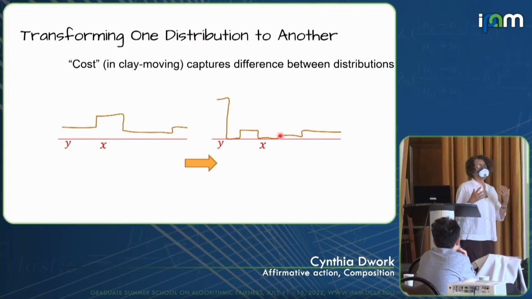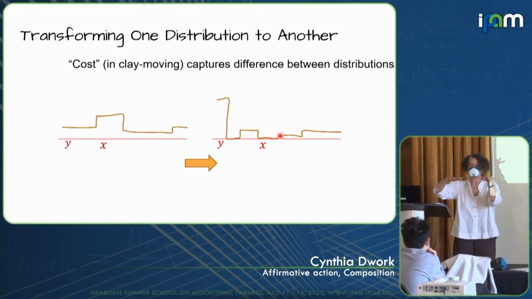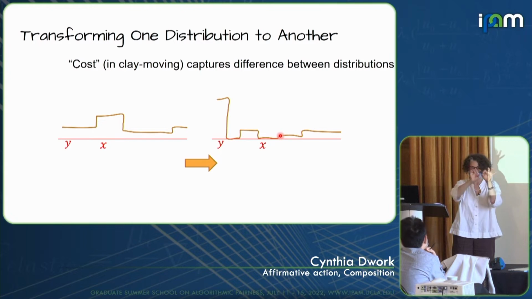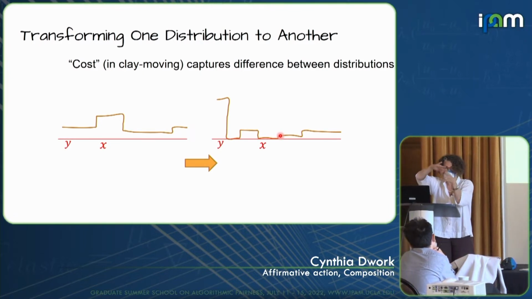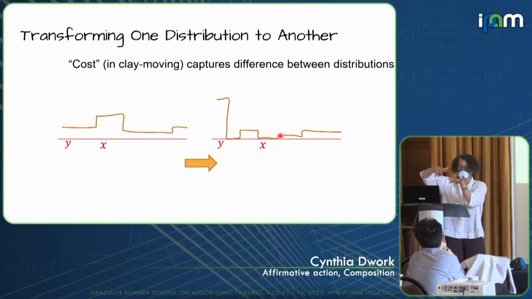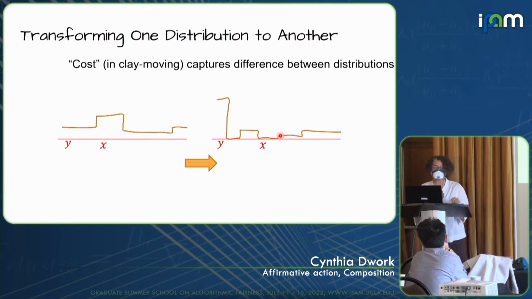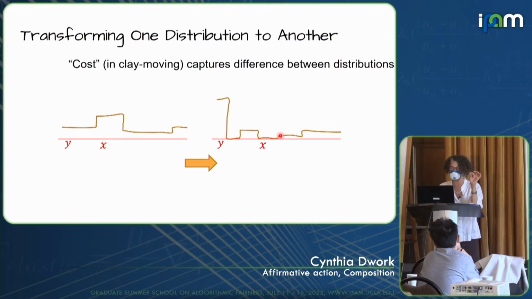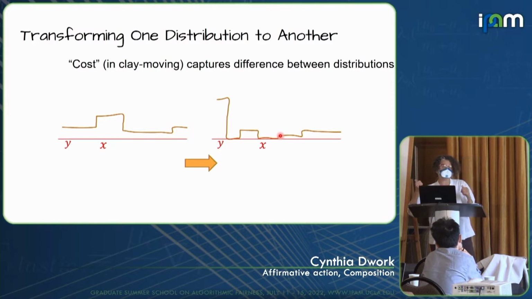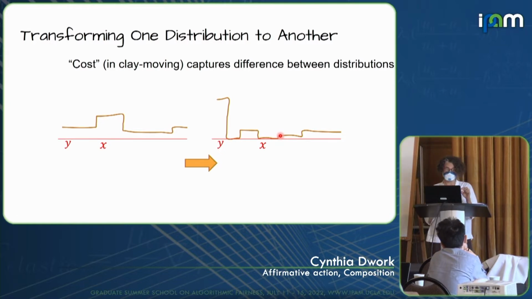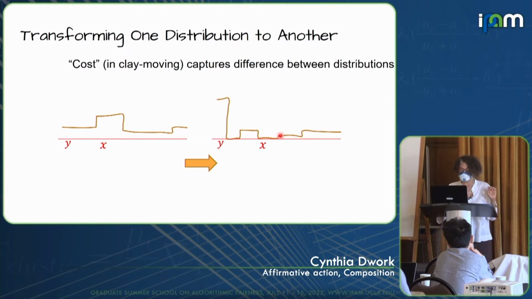And I think of these like clay shapes. I have a clay skyline on the left, and I want to convert it by mushing the clay around to the skyline that looks like the picture on the right. And the cost of moving will capture the differences between the distributions. So how do I do this?